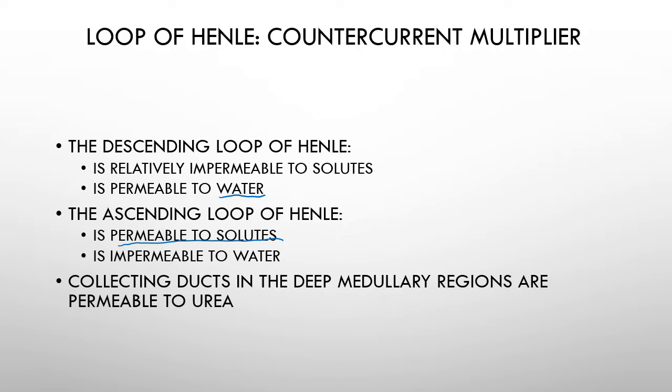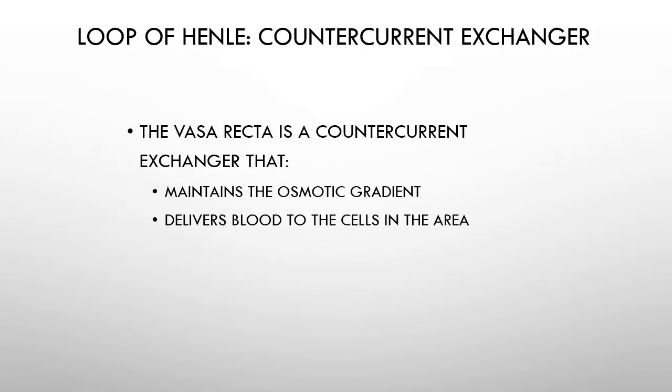And then as we move through the collecting duct and start to move down towards the bottom of the medulla, we're able to alter the concentration by either taking water out or urea out of the collecting duct, allowing for the final concentration as we create the final product of urine.